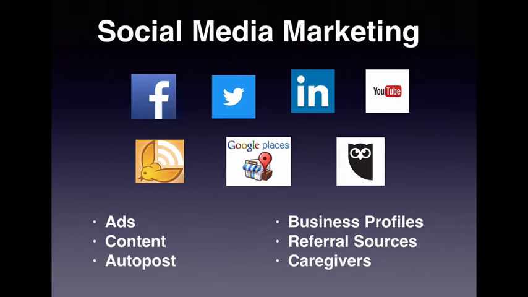The first thing we're going to talk about is just buying advertisements on these platforms. What I personally suggest when it comes to paid marketing on social media websites is, if you're going to do it, start and stick with Facebook.